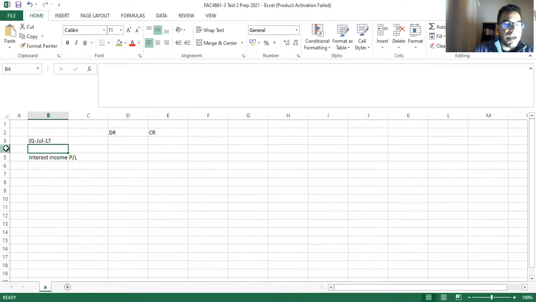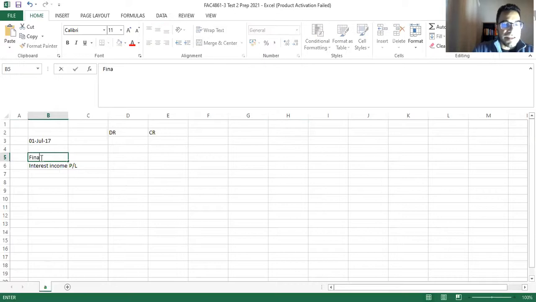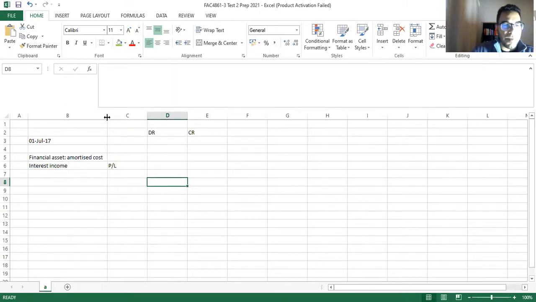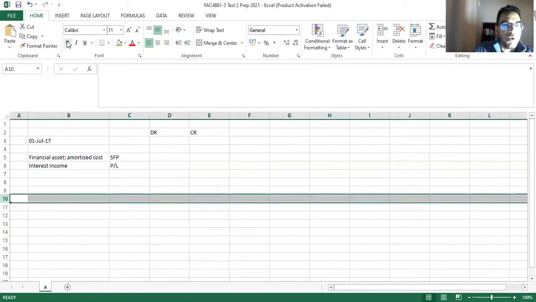So it's going to go against financial assets, the financial asset at amortized cost. The financial asset is an asset, so it's a balance sheet item, which we represent by SFP. So the workings would be as follows. How are we going to do the workings?